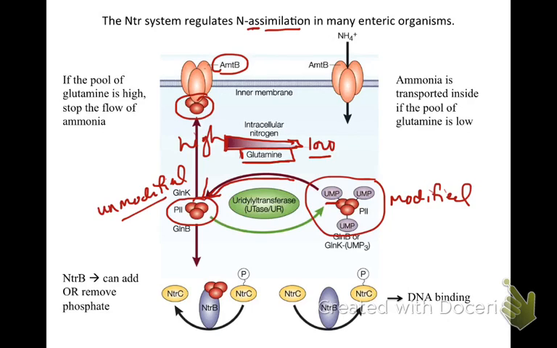It does another thing too. It also binds to this other protein called NtrB. And NtrB is part of a two-component system. When NtrB is bound to P2, it actually acts as a phosphatase, and it removes phosphate from NtrC.